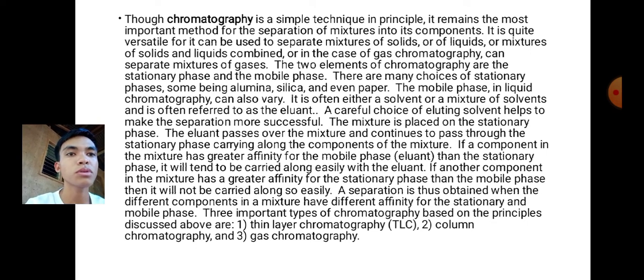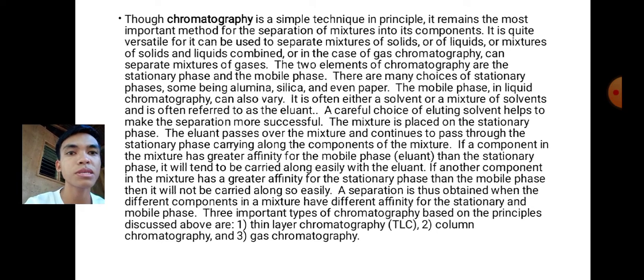Okay, there are 2 elements in chromatography. These 2 elements are the stationary phase and the mobile phase. There are many choices of stationary phase, some being alumina, silica, and even paper.